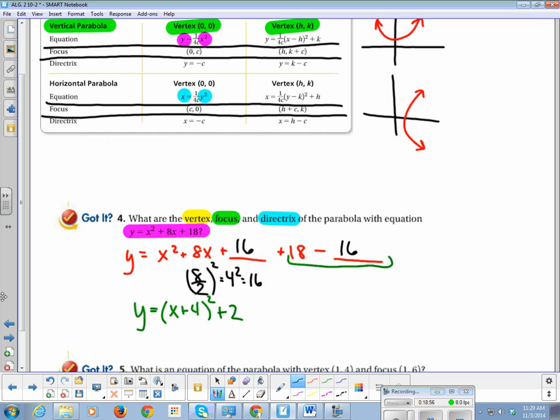Right next to this one, I'm going to write y equals 1/4c x minus h squared plus k. Do a little side-by-side comparison. When I do, I know my vertex is at the opposite of what's inside, negative 4, and my k value is 2.